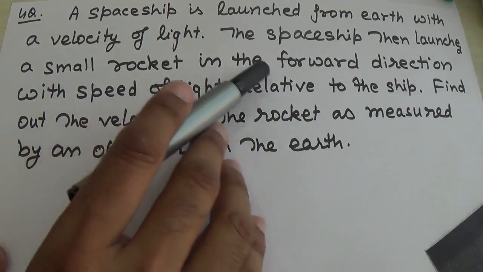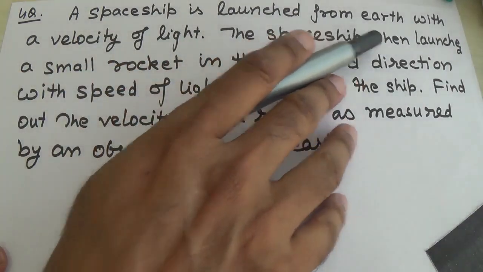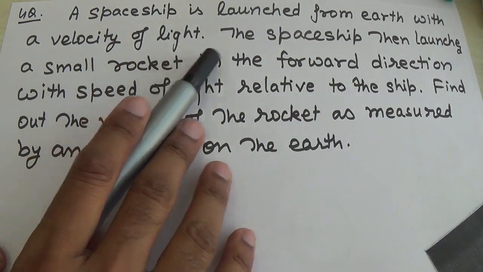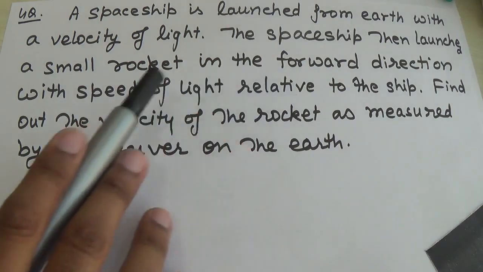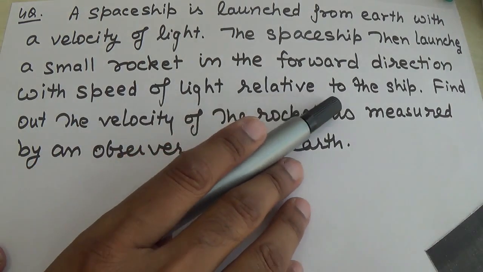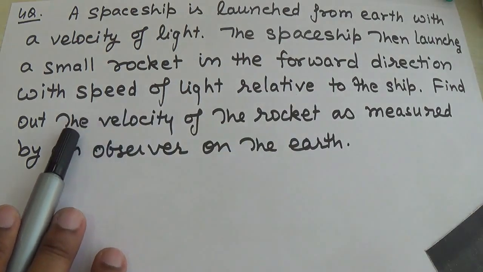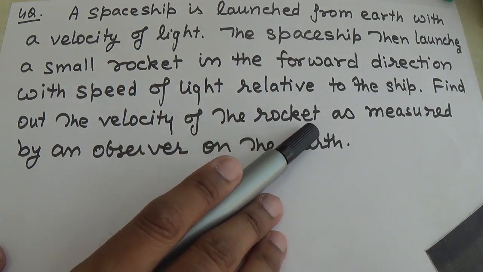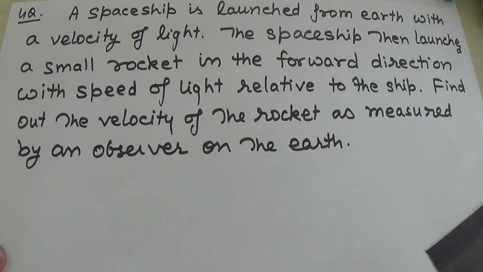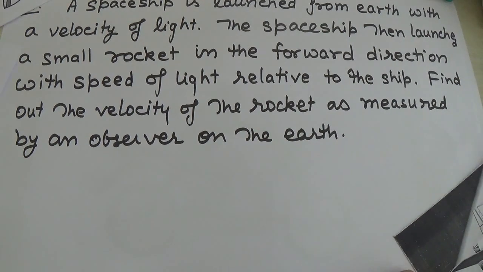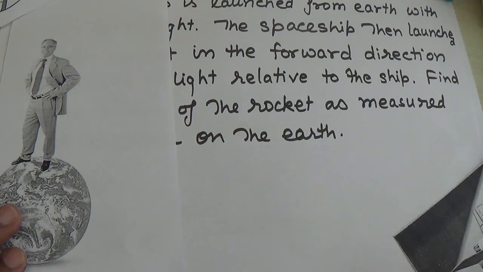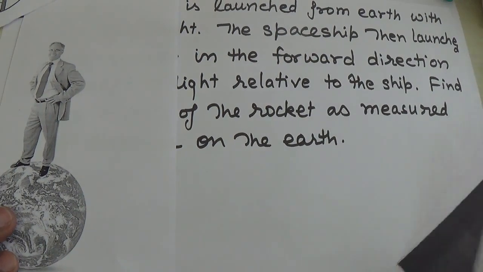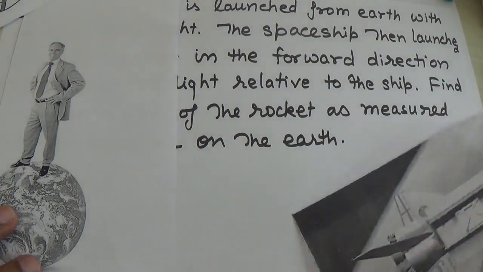I am reading again: a spaceship is launched from Earth with the velocity of light. The spaceship then launches a small rocket in the forward direction with the speed of light relative to the ship. Find the velocity of the rocket as measured by an observer on the Earth. This is the person on the surface of the Earth, the observer, who has to measure the speed of the rocket.